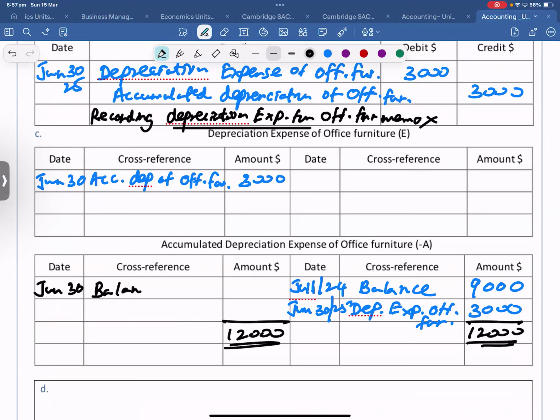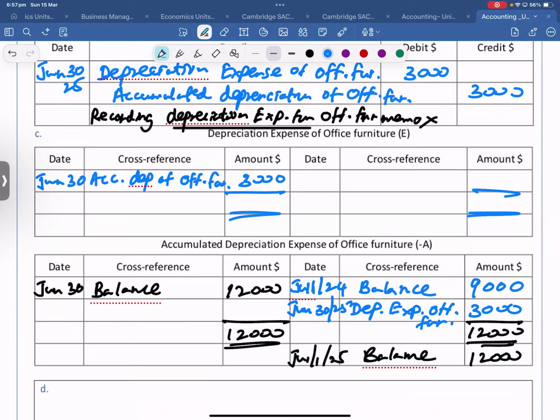Balance. July 1st, 25, balance. Right, what do we transfer? Which ledger account do we transfer? Depreciation.